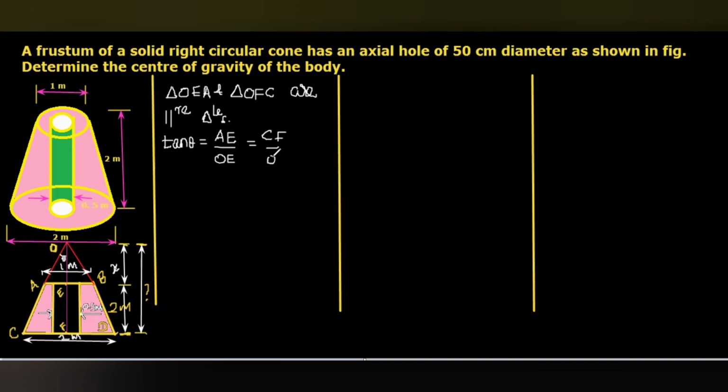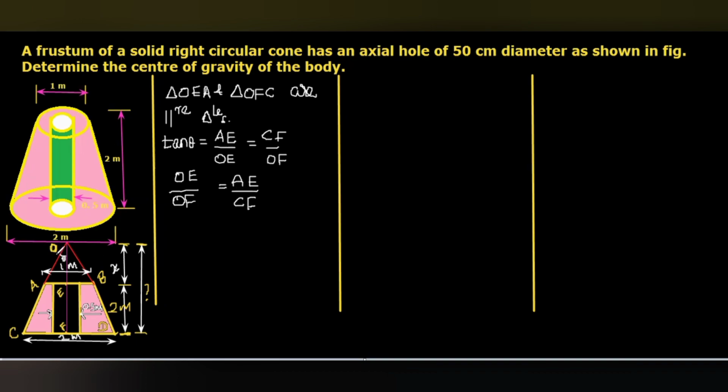We can rearrange this because we need to calculate OE and OF, the unknowns. So we can write OE divided by OF equals AE divided by CF.